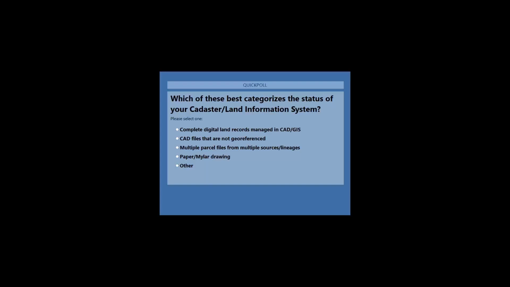Do you have some CAD files that are perhaps not georeferenced? Do you have multiple parcel files from multiple sources, multiple lineages? Do you have a paper system or some sort of Mylar drawings or something else entirely? So go ahead and click on the screen there and let us know what your current situation is, if you would, please.